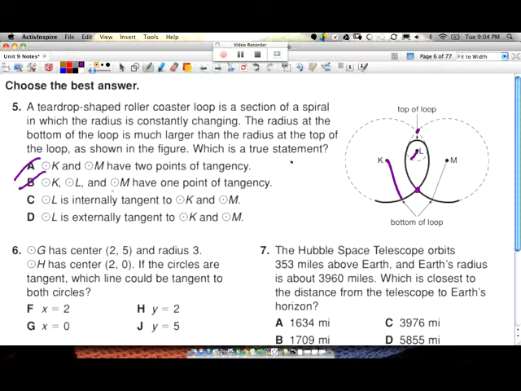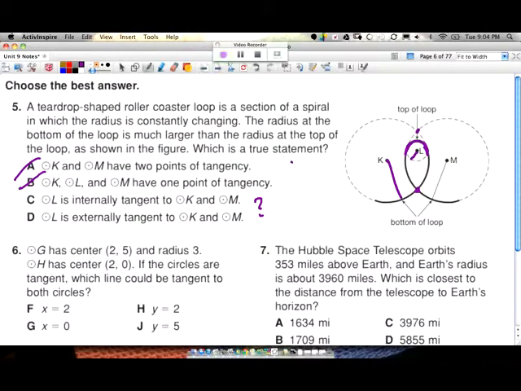Yeah. Oh, wait. L is internally tangent to both K and M. I would guess so, because that's saying like this kind of sits right inside of each of those circles, and that is probably one of these. We're not exactly sure on the vocabulary here, but definitely would be one of those.